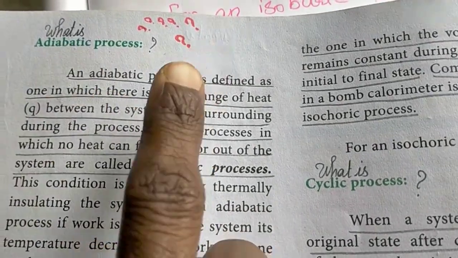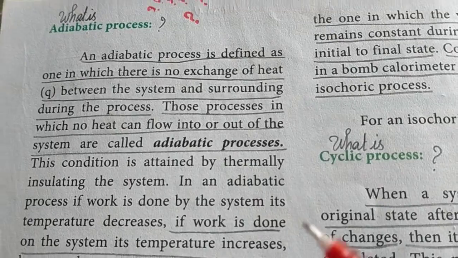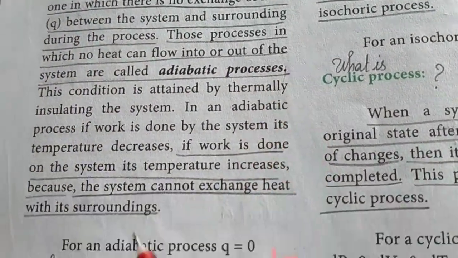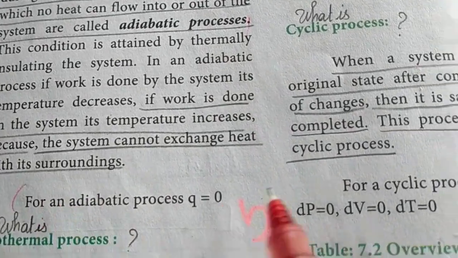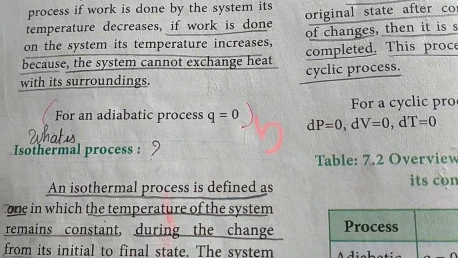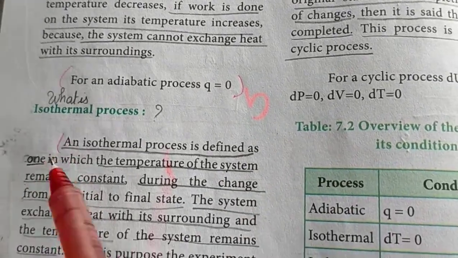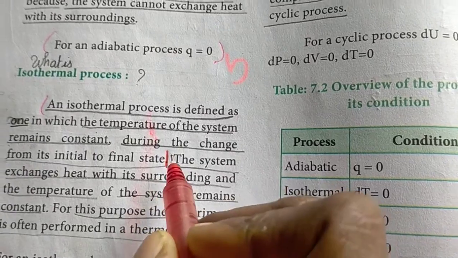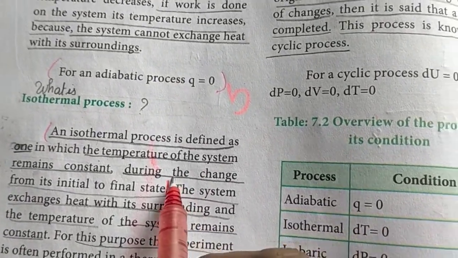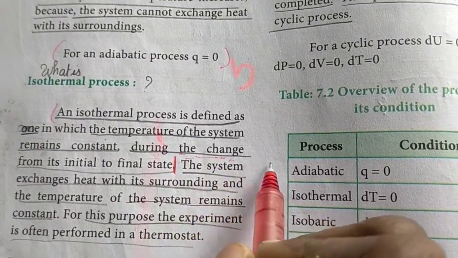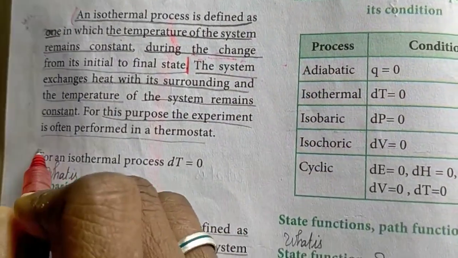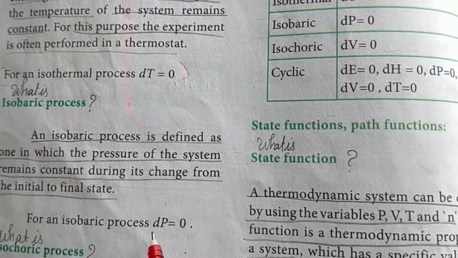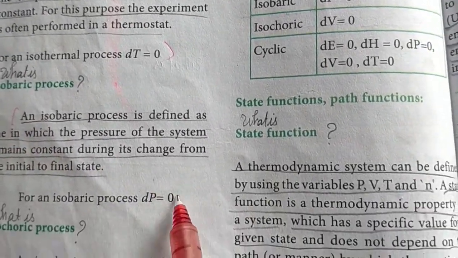Okay students, take page number 190. Write there, what is adiabatic process? Mark this from here to here, and this also. And what is isothermal process? Up to here you mark it. Then write here, this is called isothermal process. Then again the condition. Then what is isobaric process? Full, to here.